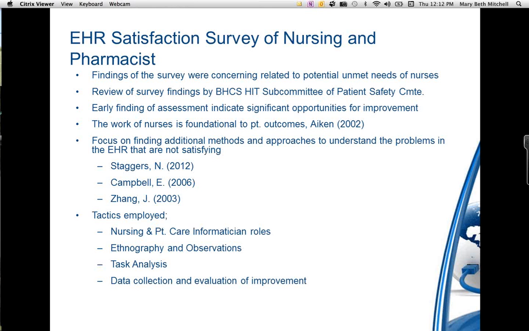Like one of the areas we're working on right now is in our falls and risk assessment of our patients and how we document that. So that's something we're working on right now.